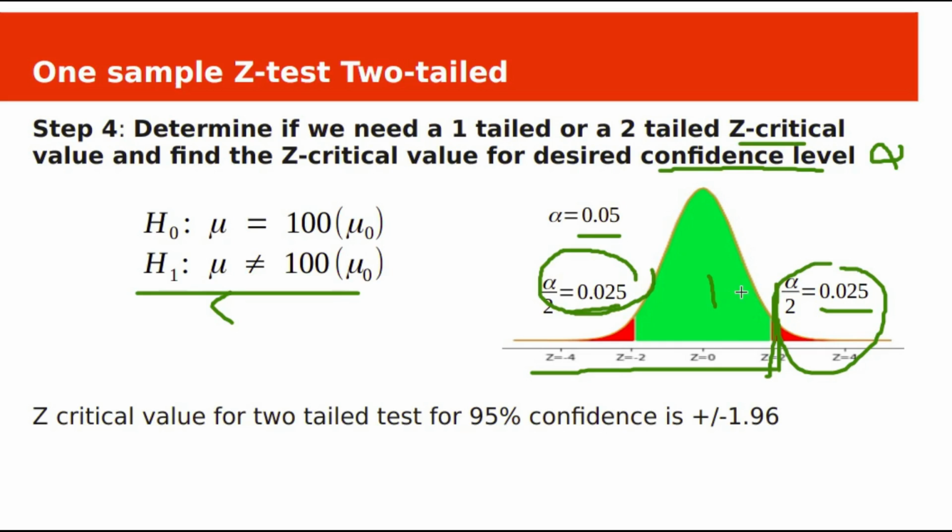So you have to subtract this value 0.025 from 1. Then you will get the cumulative probability at this point, which is 1 minus 0.025, equal to 0.975. So we can look for this cumulative probability in the Z table to find the critical value for this right side. Let's see the Z table.